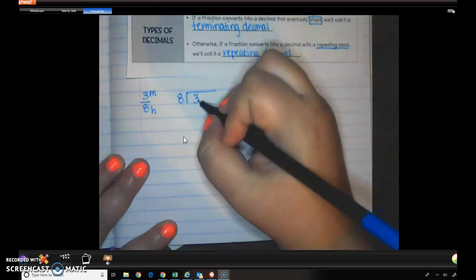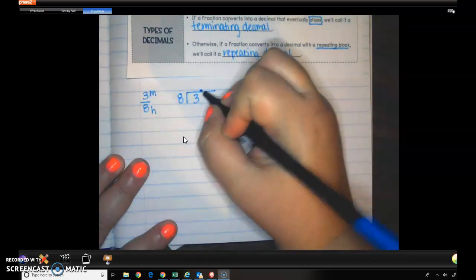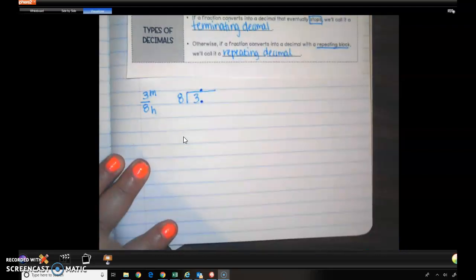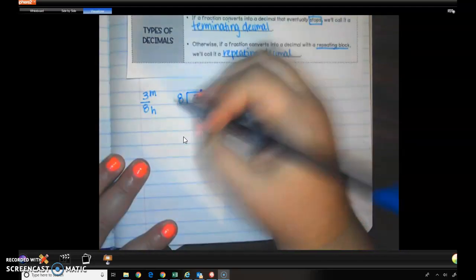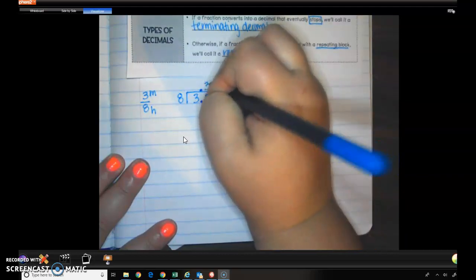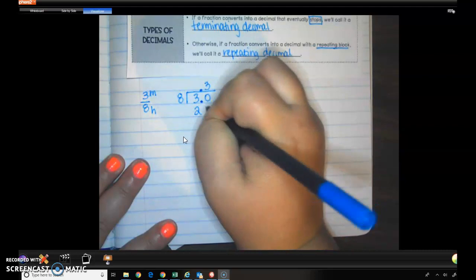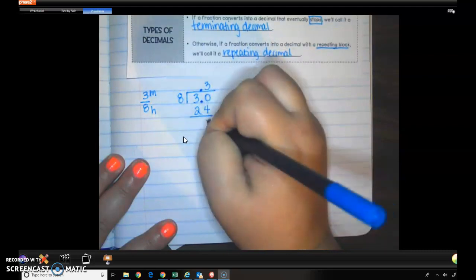8 cannot go into 3, so I'm going to add a decimal at the top, a decimal at the bottom. Add a 0. 8 can go into 30 3 times. 3 times 8, 24. Subtract.